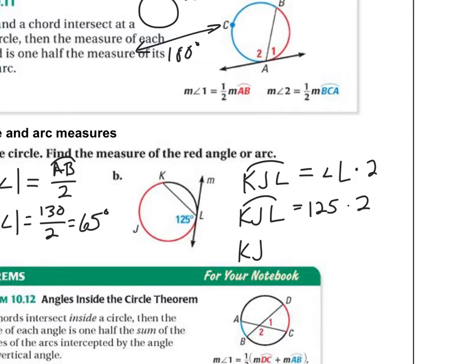So KJL is equal to 250 degrees. We also know that it's going to be greater than 180 because we have to name it with 3 points. We can see that it's greater than 180 because it doesn't go through the diameter. But just keep in mind, if we have this angle measure, we double it to get the arc. If we have the arc, we divide it by 2 to get the angle.